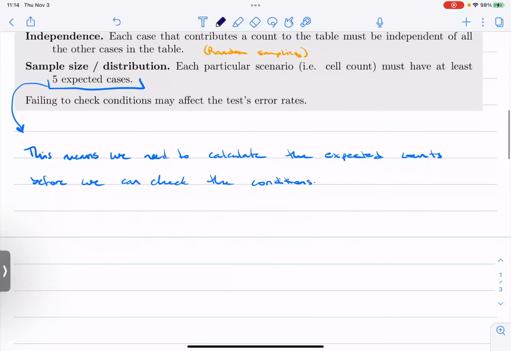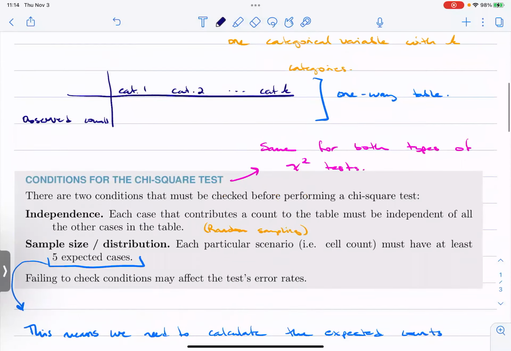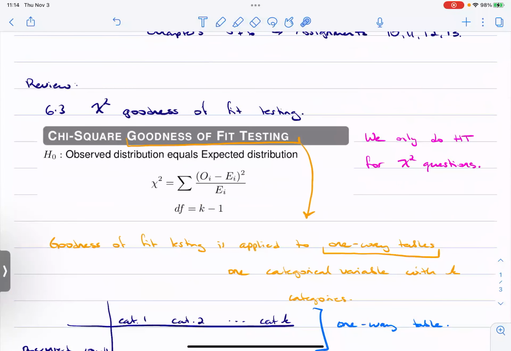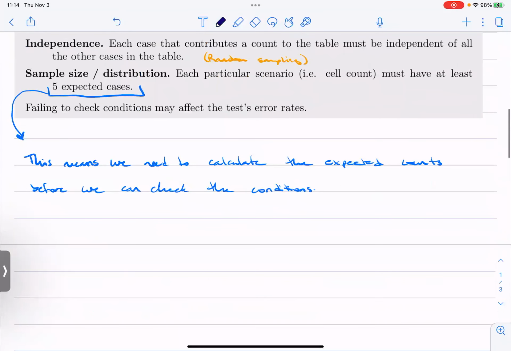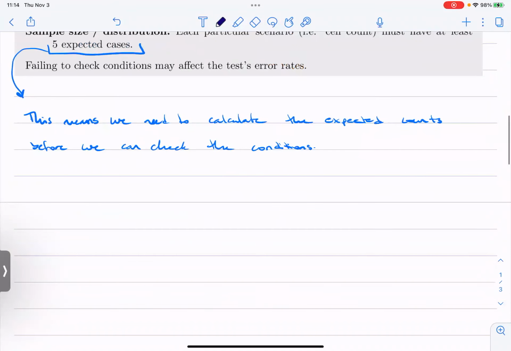So in terms of recapping our goodness of fit testing, I just want to talk in general, and I want to refer to the formula sheet to show you that you have everything that you need. So step 1, once you've checked the conditions, which involves calculating the expected counts, is you're going to state the hypotheses.